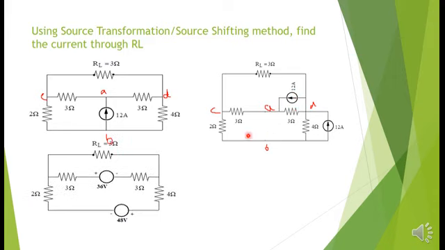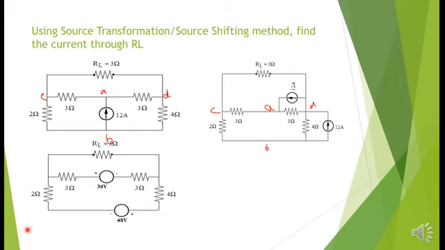So the resultant network becomes something like this. Correct? This 36 volt and this 48 volt. By sign convention, D is a lower potential and A is a higher potential. For the 48 volt, B is the lower potential and D is a higher potential.